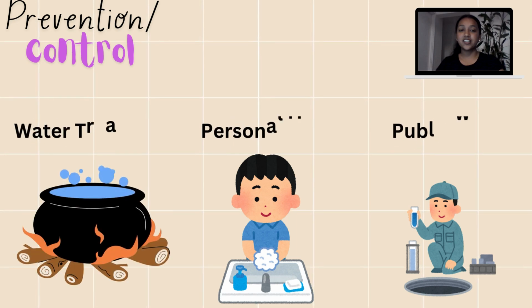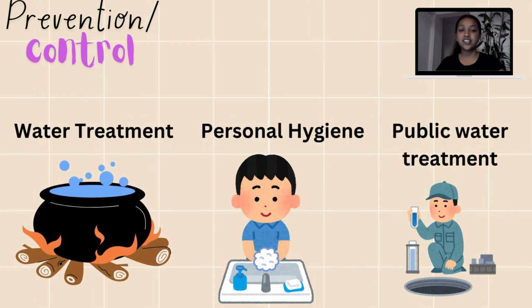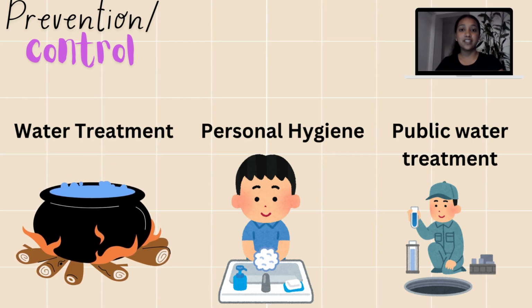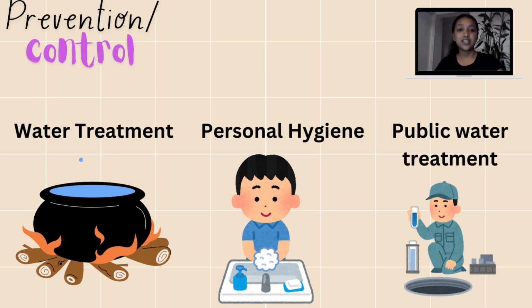Some ways in which we can prevent or control Giardia infection is through having access to clean water, and this could be done through boiling drinking water, using water filters, and also public water treatment such as adding chlorine to water. Another way in which we can control the spread of Giardia is through improved sanitation.